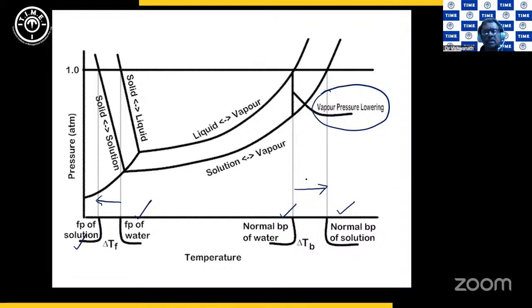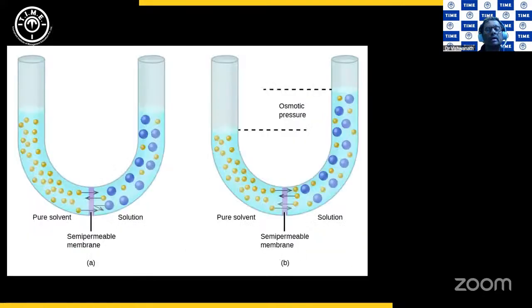The elevation in boiling point is because of the decrease in vapor pressure, followed by the decrease in the freezing point. Clear? So one diagram for all three. And the final one is osmotic pressure, where you have a semi-permeable membrane and only the solvent is able to move.